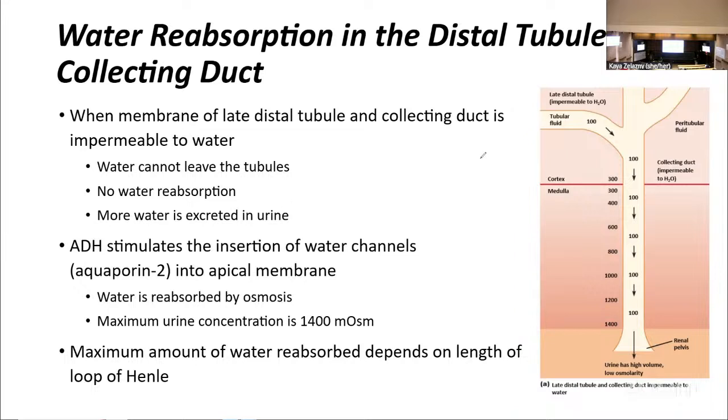Okay. So the way we're able to regulate our water reabsorption with this hormone ADH is what we're looking at is basically the wall of the nephron here, right? So the part that's neighboring first the cortex and then the medulla.